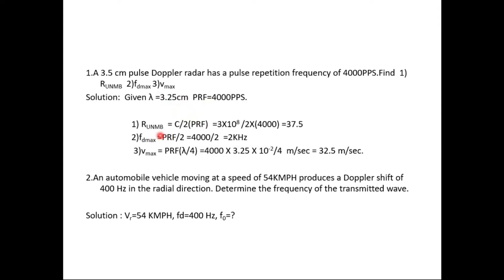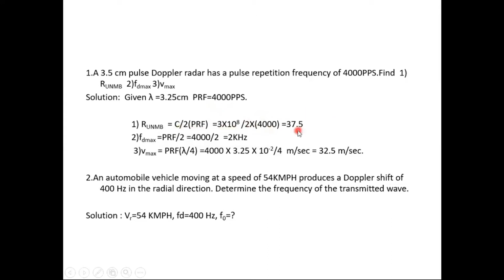For that, R unambiguous can be calculated. As we know, the maximum unambiguous range is given by C divided by 2 PRF, that is the pulse repetition frequency, where C is the velocity of light in meters per second. Substituting, it is 3 into 10 to the power of 8 divided by 2 into 4000, that is the PRF value.